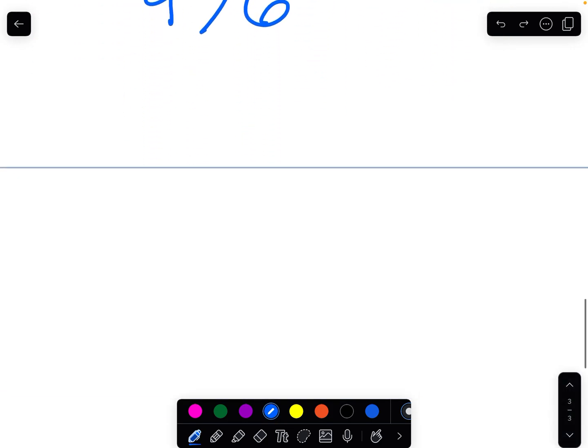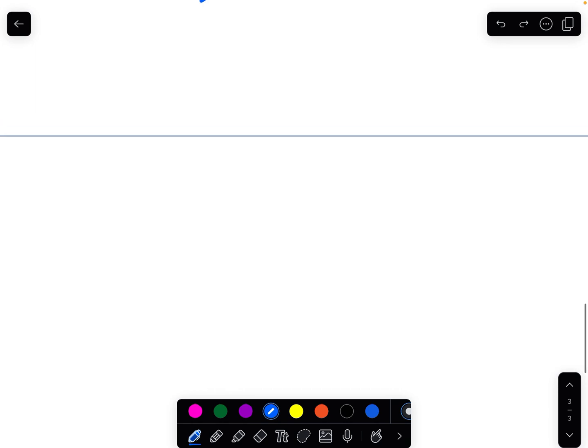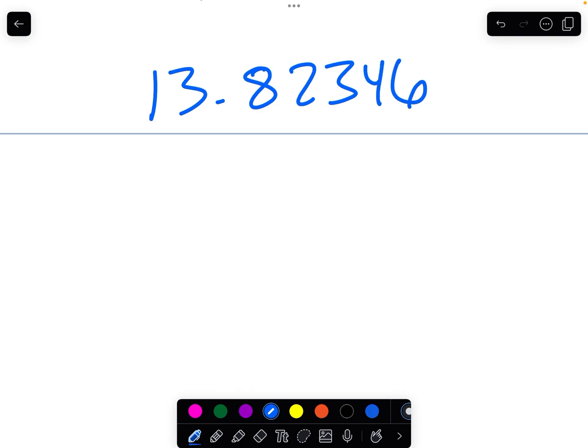And let's just do one more quick example. Let's say you have the number 13.82346, and you're being asked to round to the nearest hundredth. So let's go over our place values here.